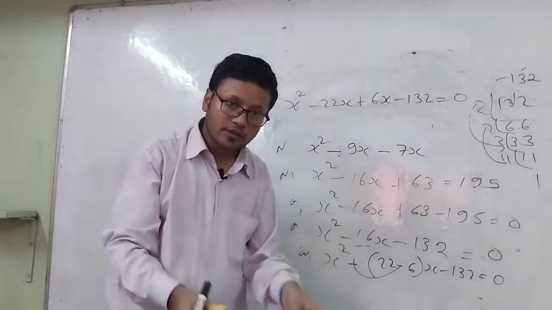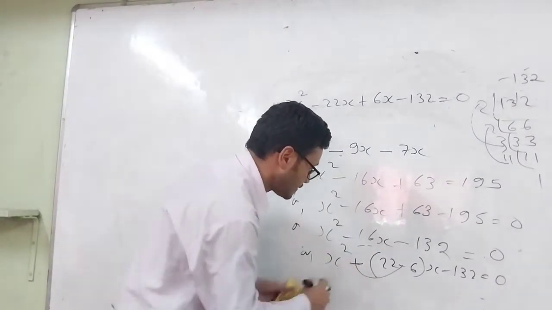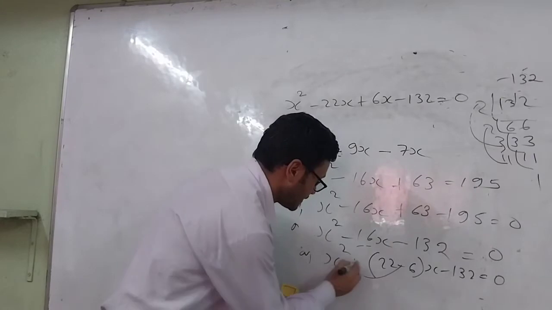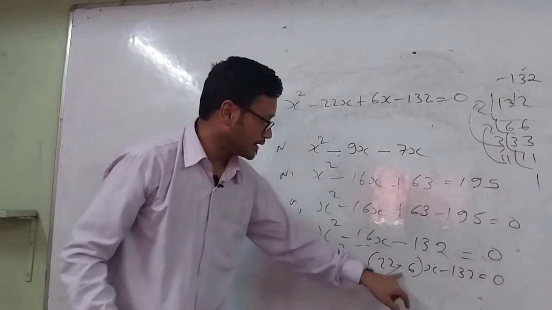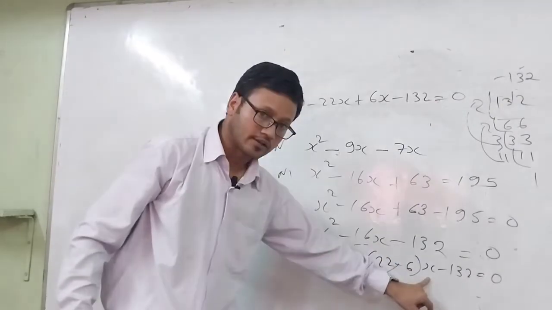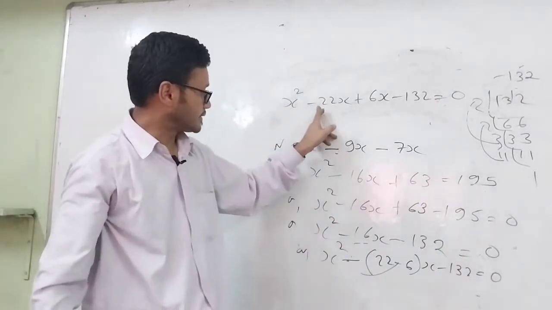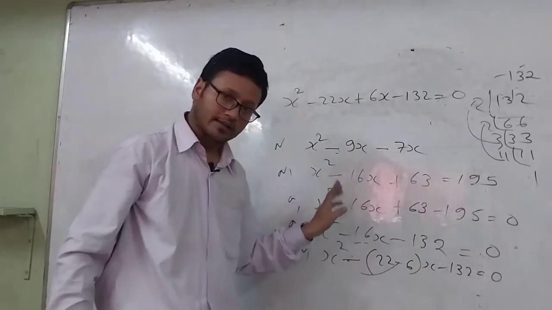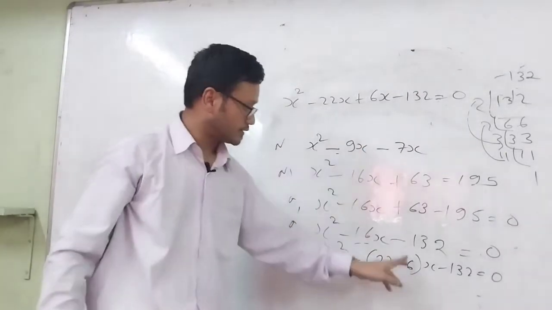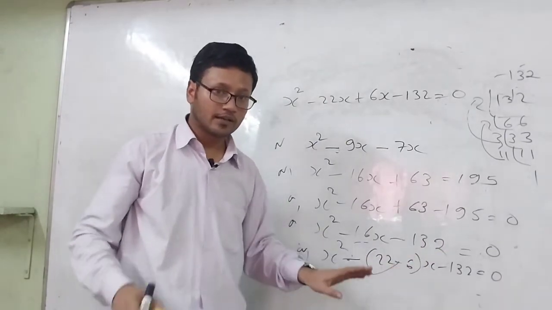First you need to use the bracket, the same minus sign we write here, then 22 minus 6, then x, then minus 132 equals 0. Then minus into plus minus 22x, again minus into minus plus 6x, then minus 132 equals 0.